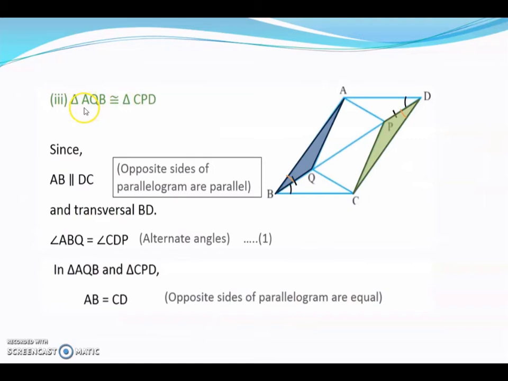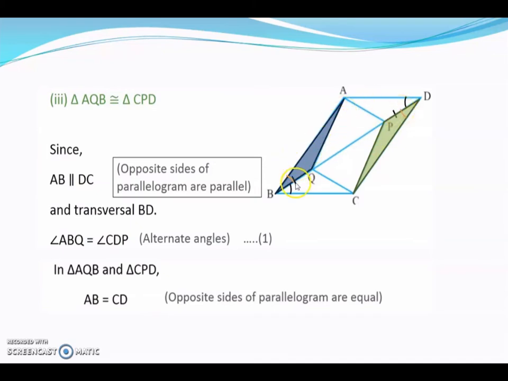Third part of the same question, you have to prove triangle AQB and triangle CPD are congruent. AB and CD are parallel as well as equal. So because they are parallel, I can say that this angle BAD and this angle BDC are equal because they are alternate angles.